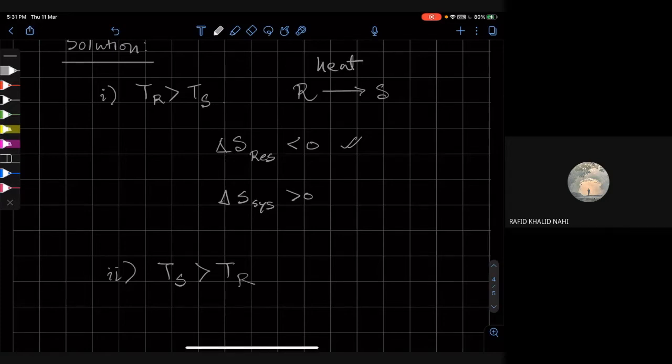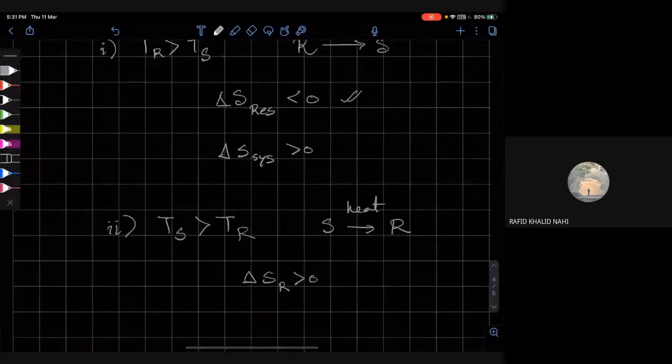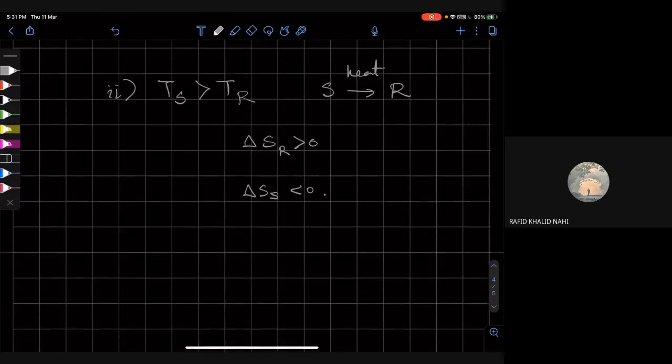So heat will flow from the system to the reservoir, and the entropy of the reservoir will increase, and the entropy of the system will decrease. Now let's look at it quantitatively, okay?